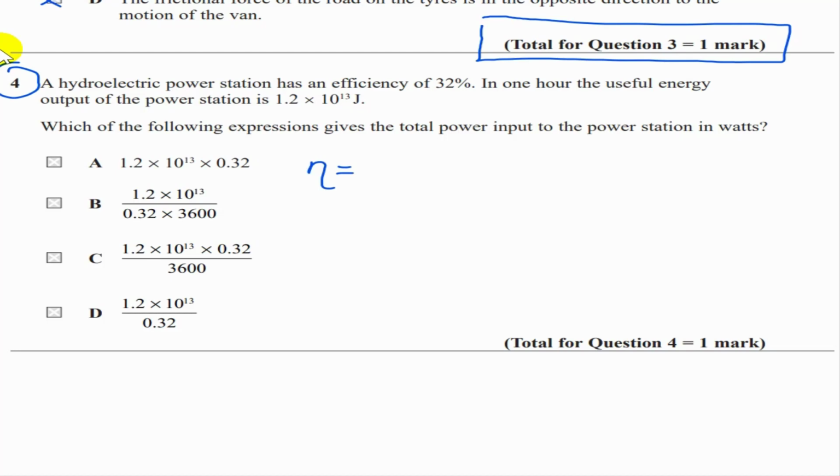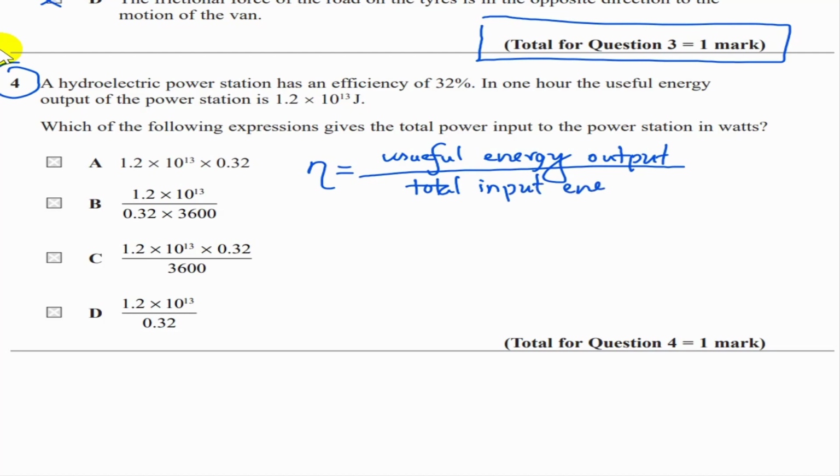We know efficiency equal to useful energy output divided by total input energy into 100%.